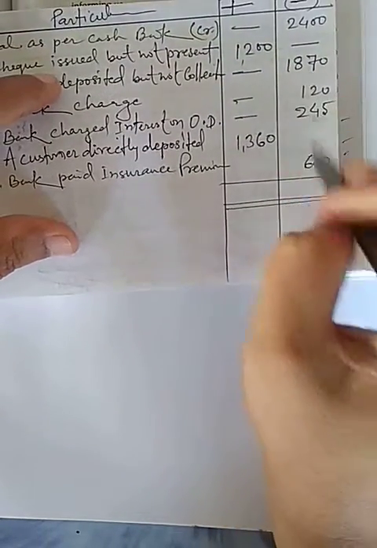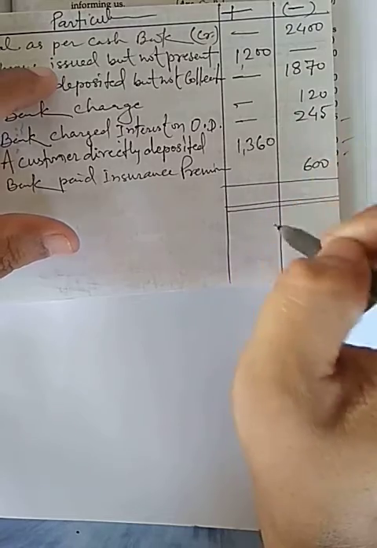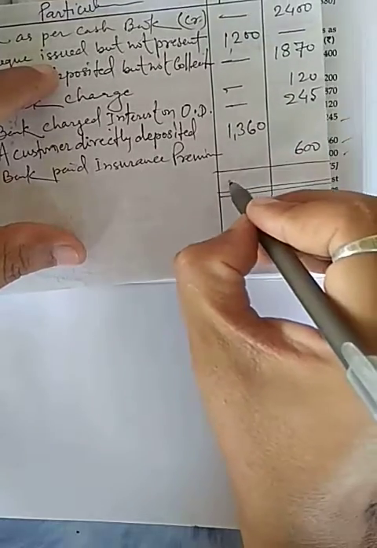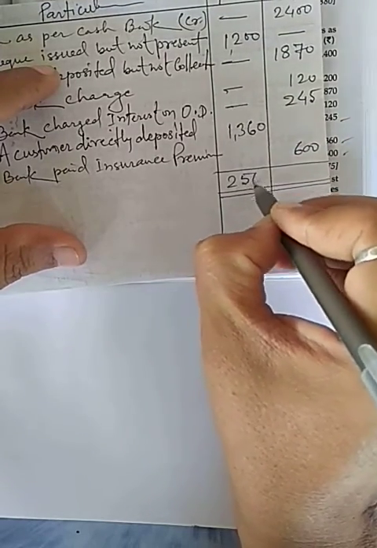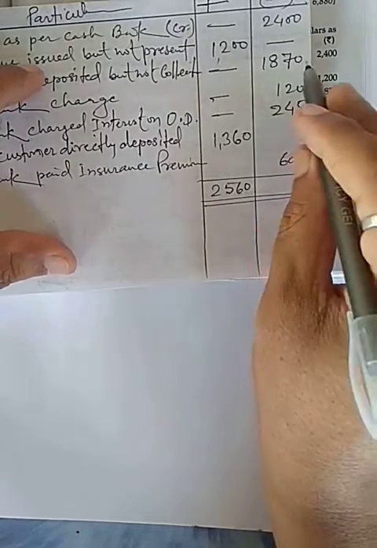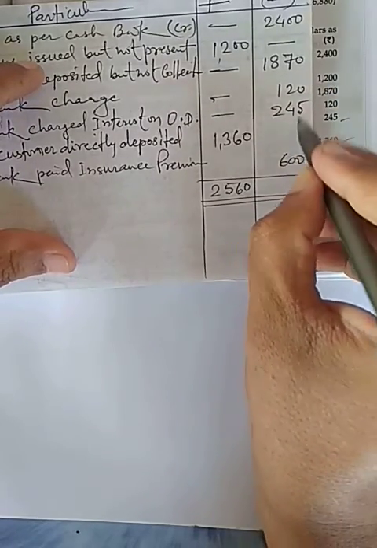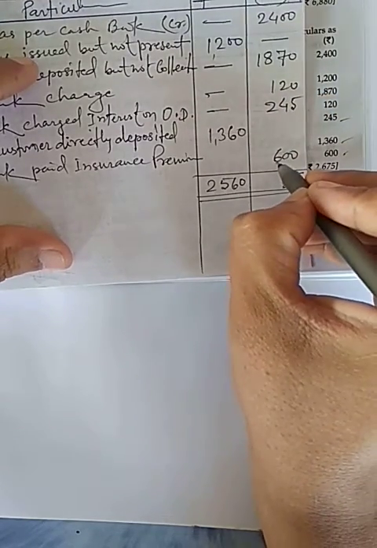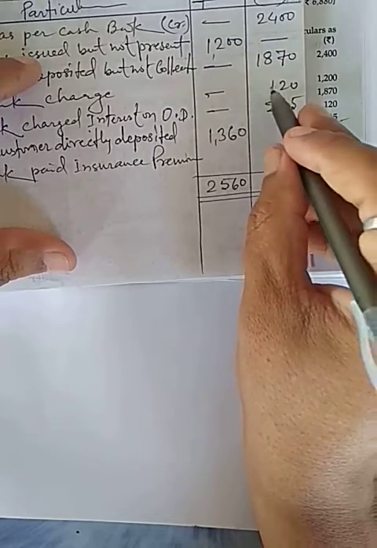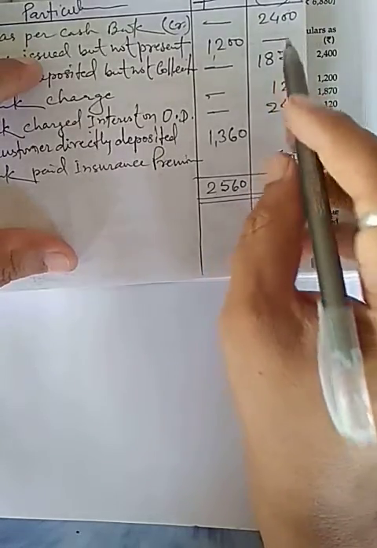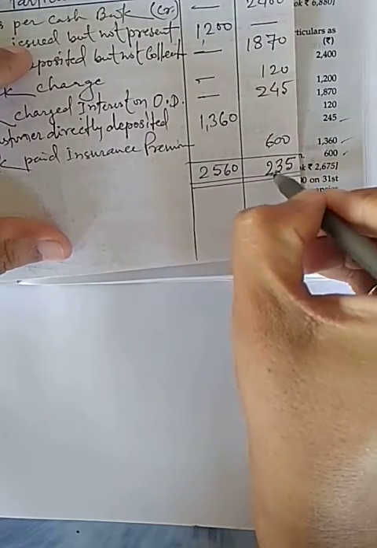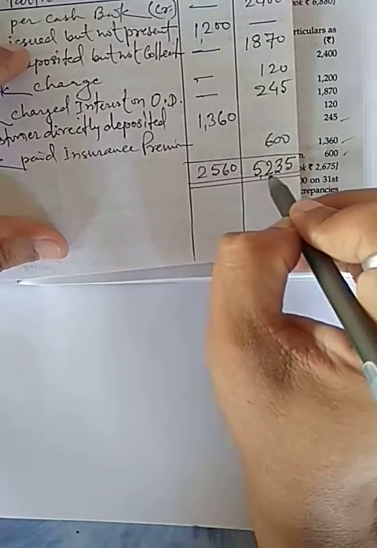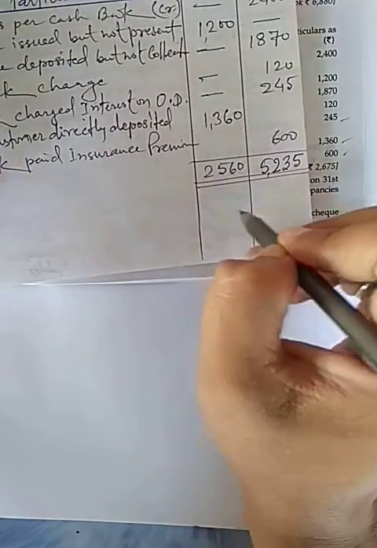Now I have to calculate the balance, and in plus side we can see it will be 2560, and in minus side the total will be 5235 rupees.